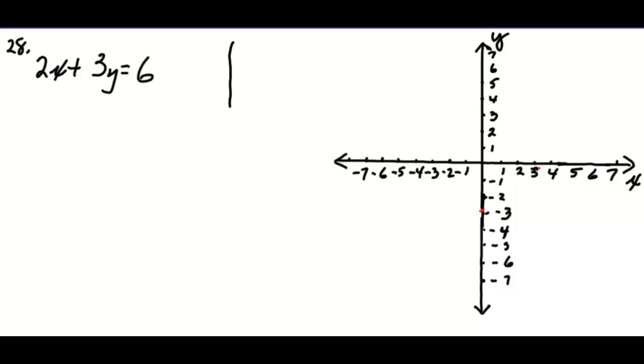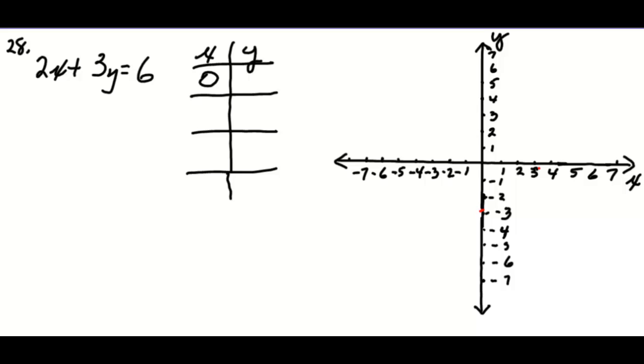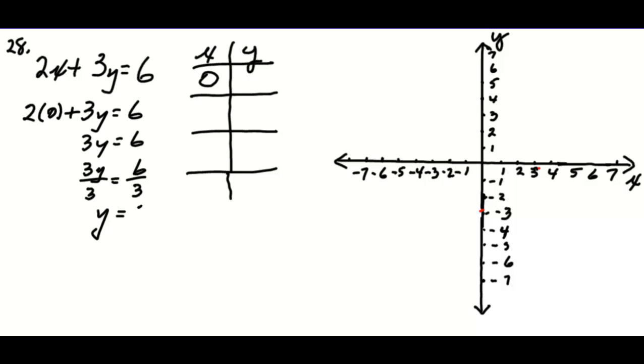All right? What I'm going to do is I'm going to plot 4 points in this particular case, because what I like is always using 0. If I use 0 and I solve this, I get 2 times 0 plus 3y equals 6. And so now I get 3y equals 6, dividing both sides by 3. I get y equals 2.